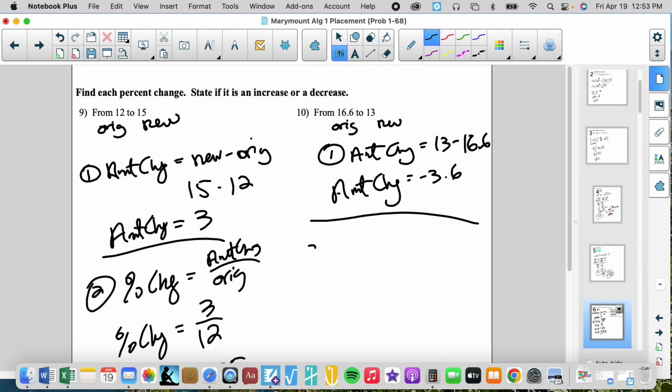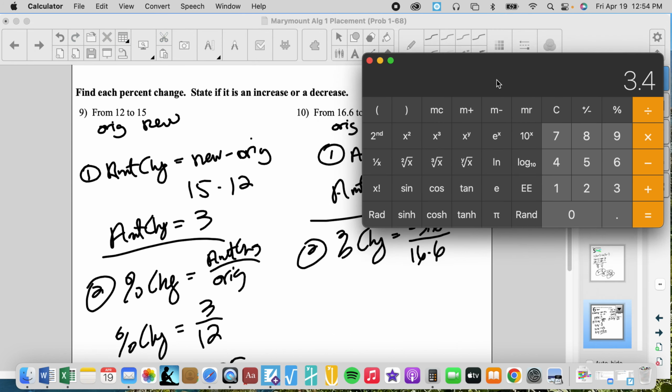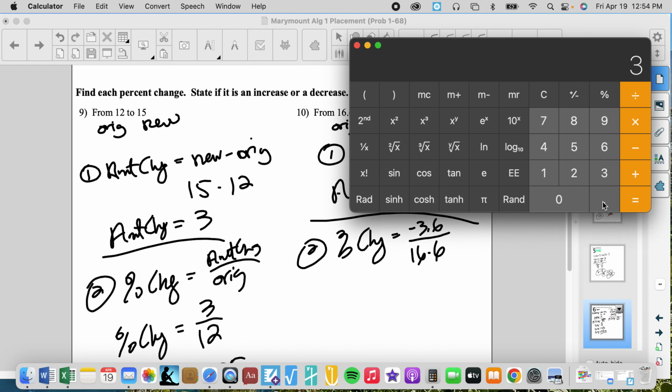And then we take our percentage of change, which is going to be our amount of change divided by our original, 16.6. Now, I can convert this to a decimal by doing 3.6 divided by 16.6. And that will give you that ugly number, which is really unfortunate.